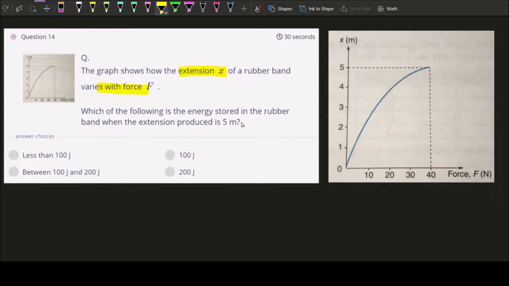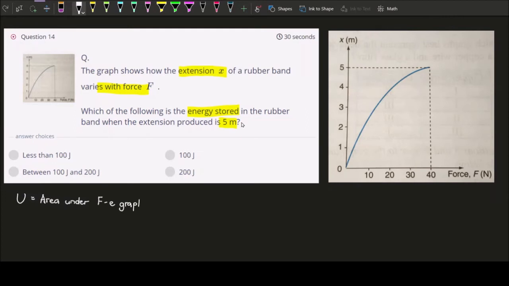They ask for the energy stored in the rubber when the extension is 5 meter. So we know that the energy stored in the rubber will be equal to the area under the Fx graph, or in this case the Fe graph.